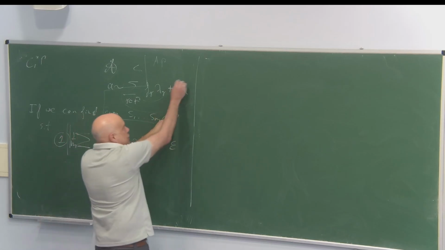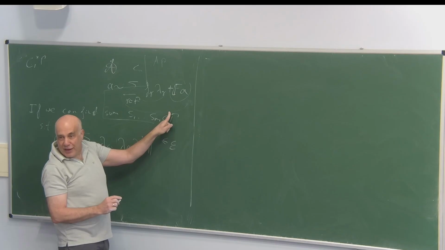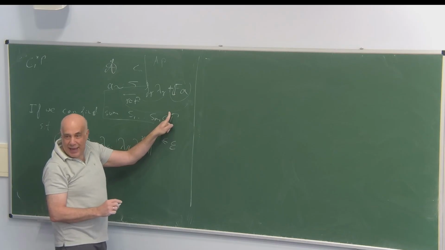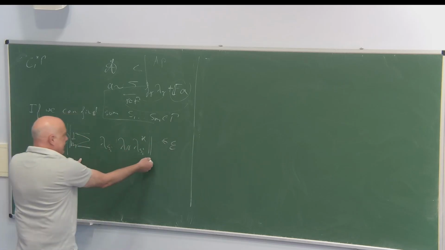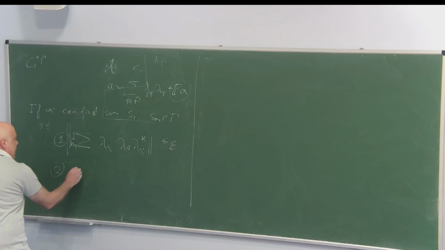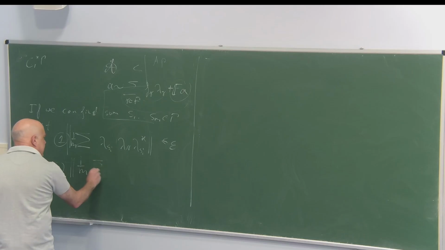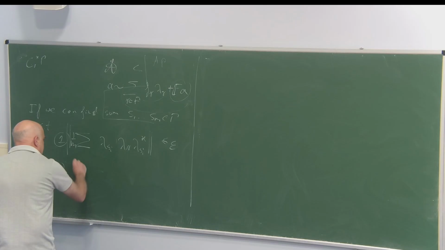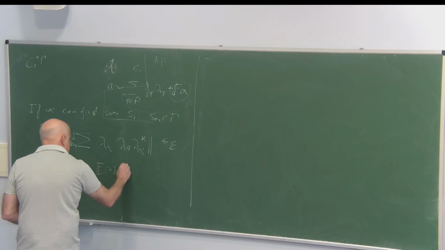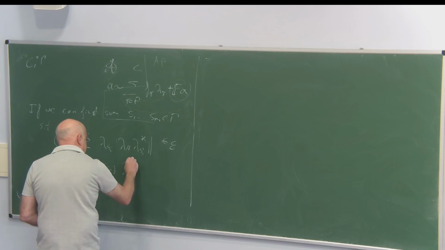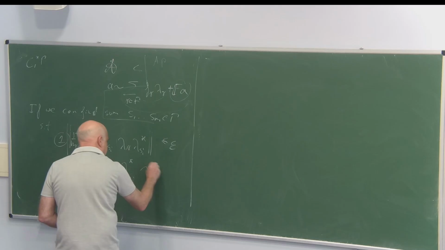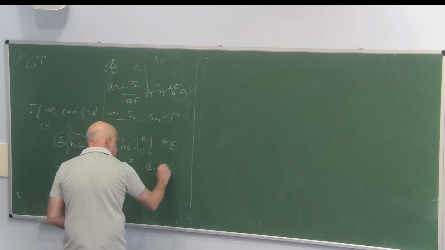This is a function on my space X. So if I'm hitting it with this operation, (1/m) sum of, let me write it element-wise, lambda_{s_i} E of a lambda_{s_i}^* is epsilon close to E of a itself.